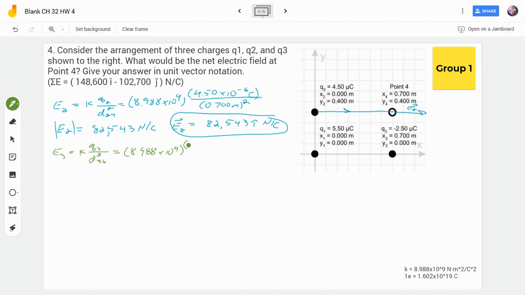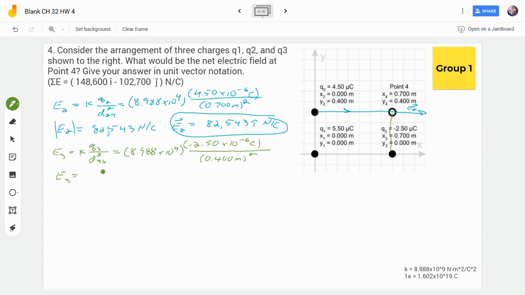Okay. So I'll do it the negative way, and we'll see how we handle the math from there. Minus 2.50 times 10 to the minus 6 coulombs, divided by, okay, what is this distance here? That is 0.4 meters.